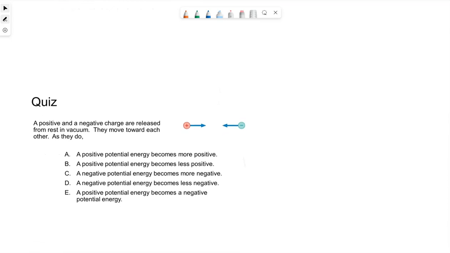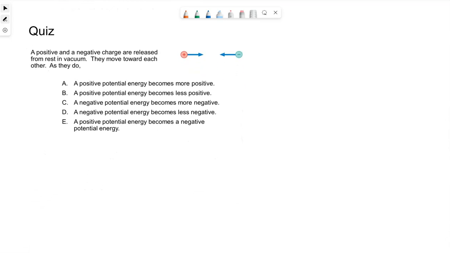Here is our next question. Correct answer here is C. So our equation for electric potential energy a point charge has, because it is near another point charge, is k q1 q2 over r.